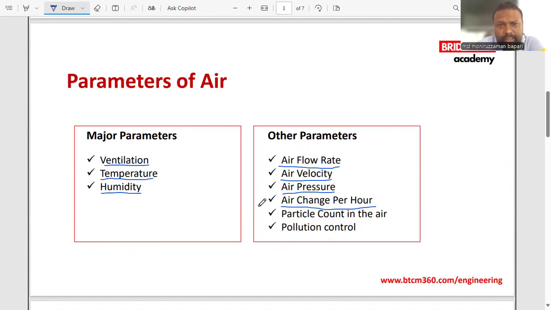And if it is a classified zone where you have to maintain some air purity, then air change rate per hour is crucially important. Particle count in the air: in an operation theater or other places where you have to control particles in the air, you have to count the particles. So that's important. And pollution control is obviously crucially important in all your projects.